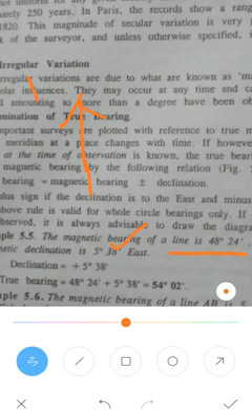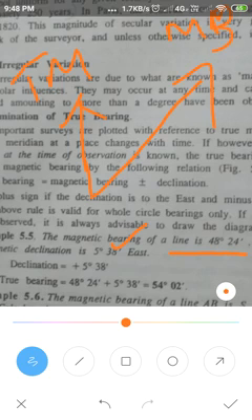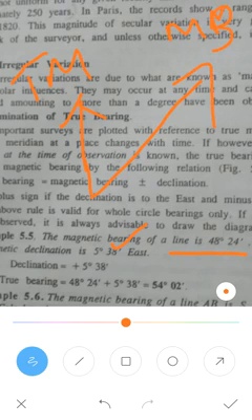This is the magnetic bearing, we can call it MB. So the magnetic bearing is 48 degrees 24 minutes, and the magnetic declination is 5 degrees 38 minutes.